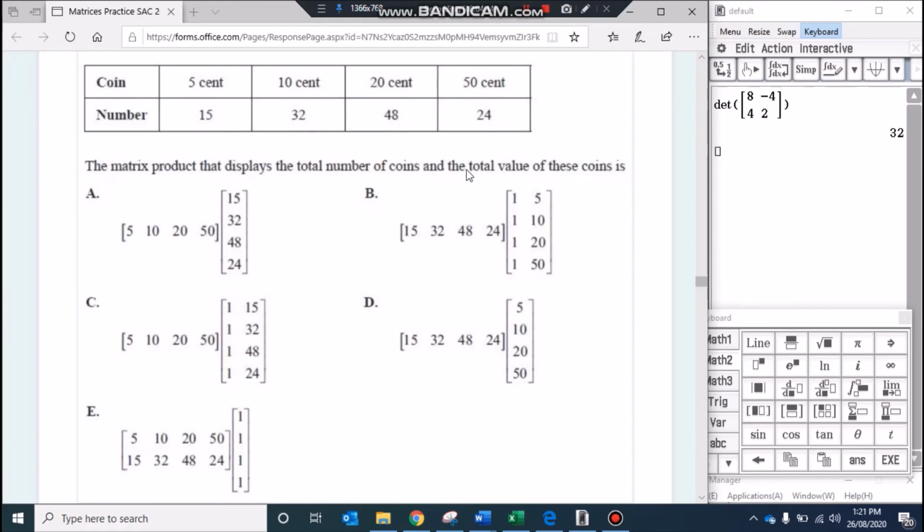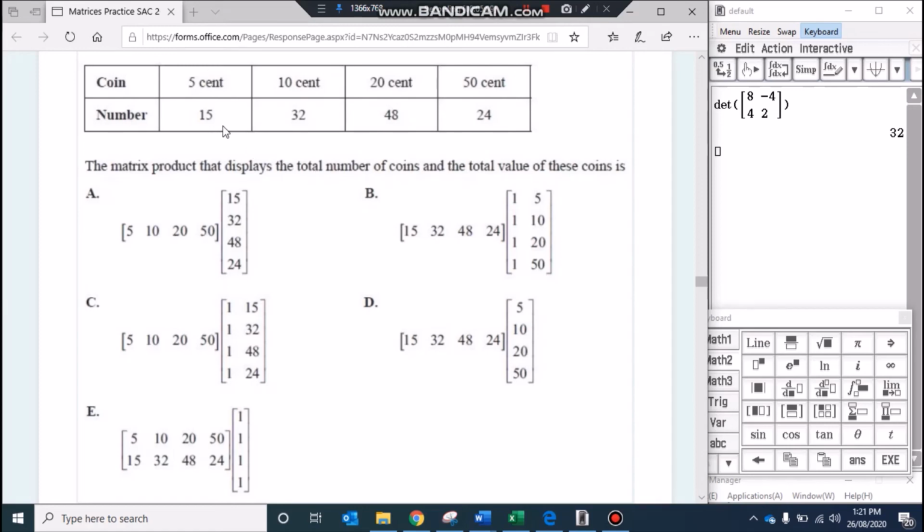The second thing we want is the total value of these coins. Let's think about what the second element in this product will be. You're taking 15 times 5 plus 32 times 10 plus 48 times 20 and then 24 times 50. What that's doing is saying you have 15 5-cent coins.